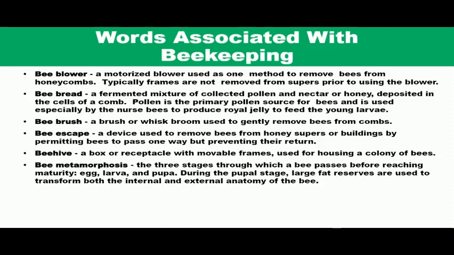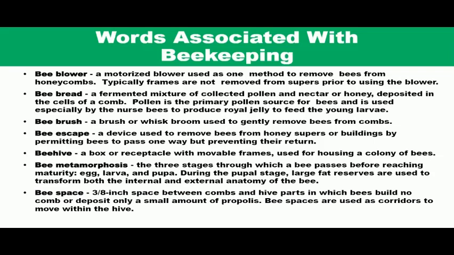Then the bee metamorphosis refers to the three stages through which a bee passes before reaching maturity. You have the egg, the larva, and the pupa. During the pupal stage, large fat reserves are used to transform both the internal and external anatomy of the bee. Well, these are also technical terms.